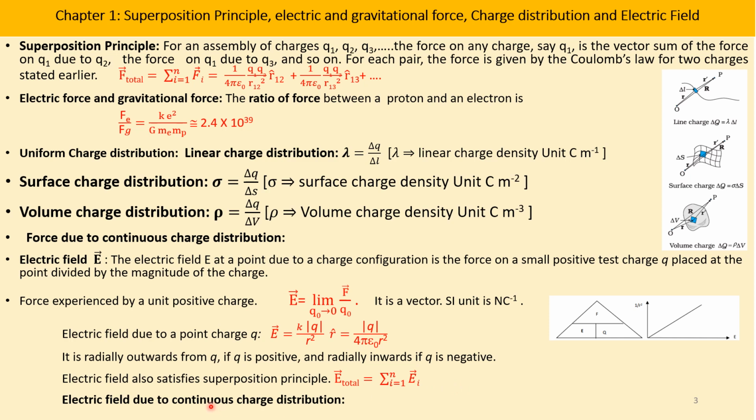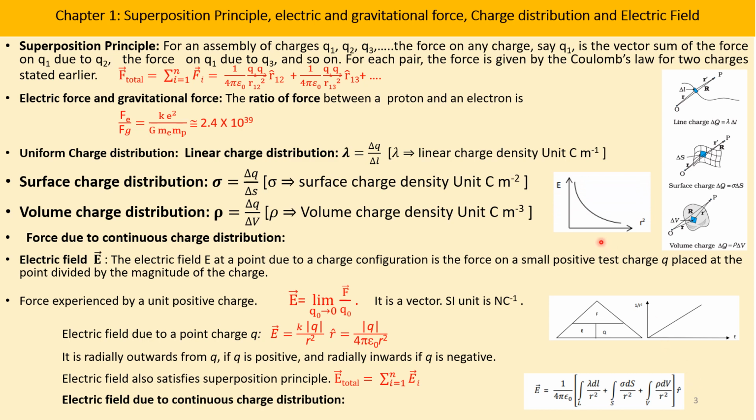Electric field due to continuous distribution of charges. As in the case of the superposition principle of force, E can also be defined for a continuous charge, that is, 1 over 4 pi epsilon naught. Here Q is missing because we have divided by Q. It is 1 over 4 pi epsilon naught times the line integral of lambda dl by r square plus the surface integral of sigma ds over r square plus rho dv divided by r square, into r hat.